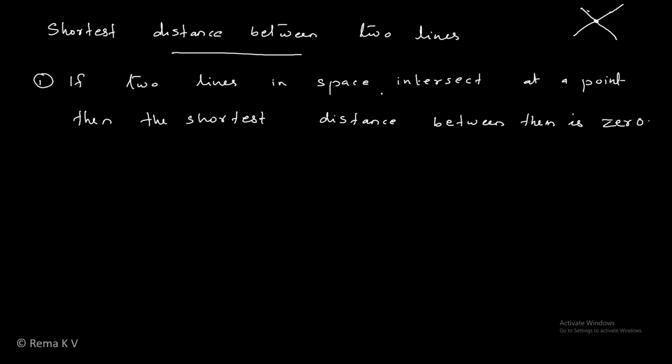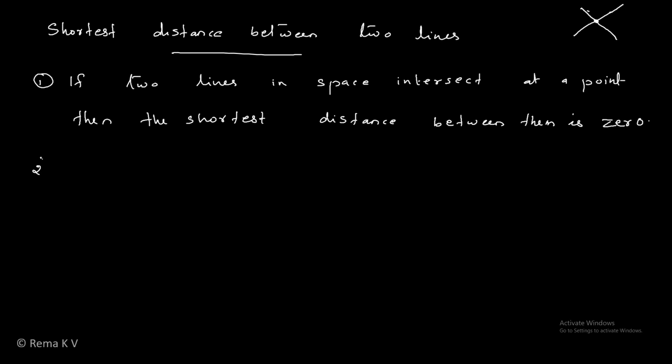If two lines in a space intersect at a point, then the shortest distance between them is 0. Okay, this is the first case.